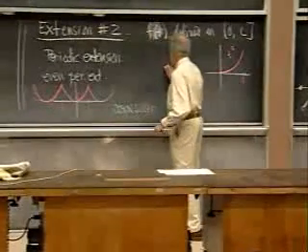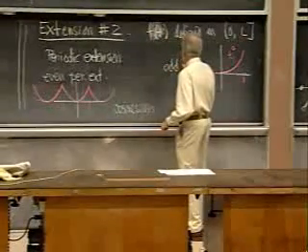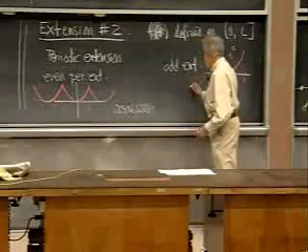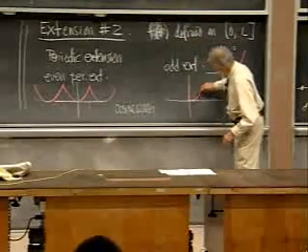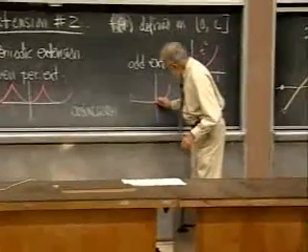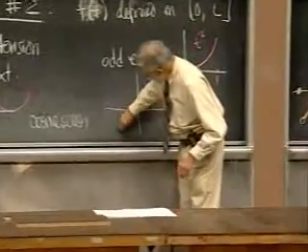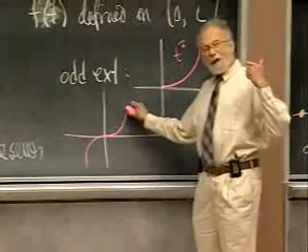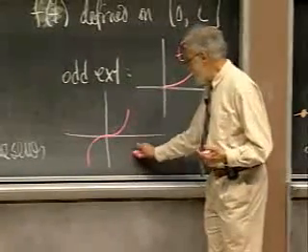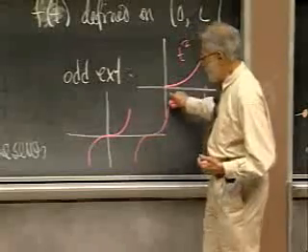How about the odd extension? What would that look like? Okay, the odd extension, here I start like this. And now, to extend it to be an odd function, I have to make it go down in exactly the same way it went up. And what do I do here? I have to make it start repeating its values, so it will look like this.